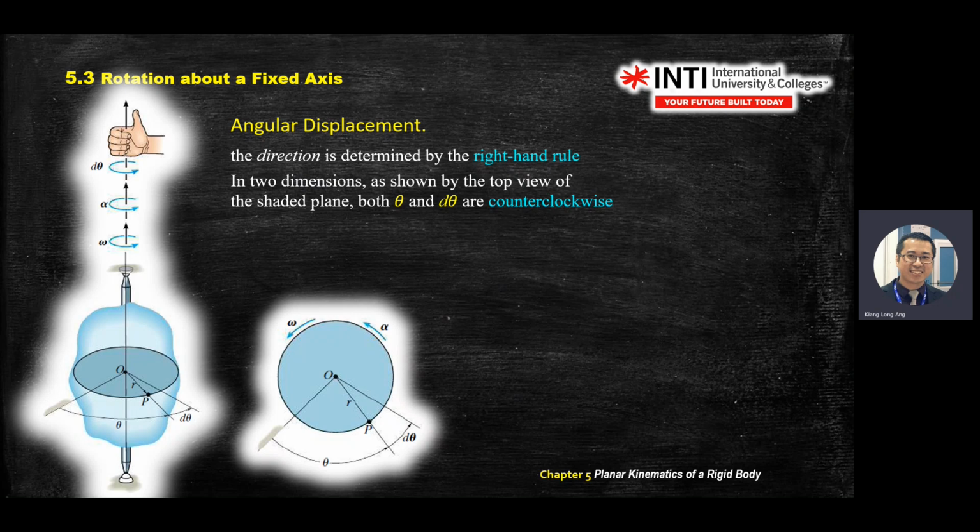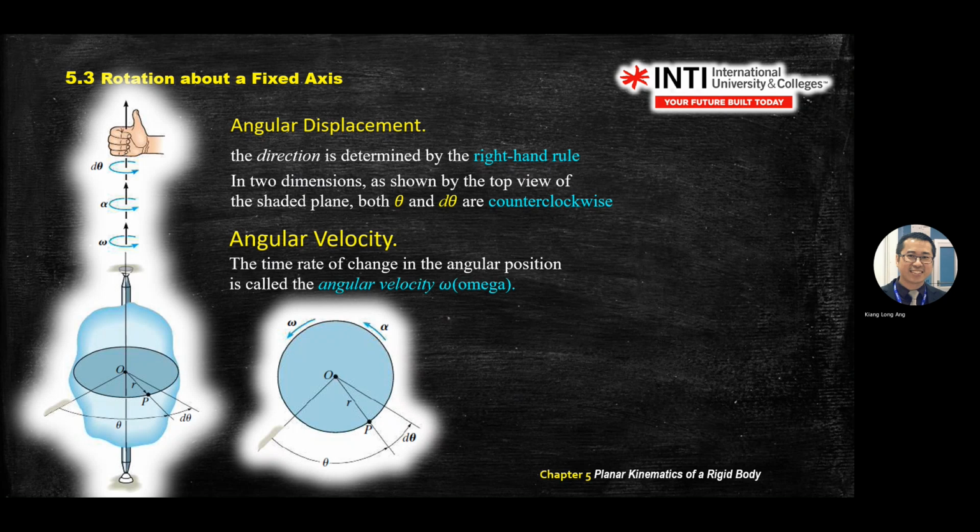So now, for rigid body, we introduce two new symbols, alpha and omega. Angular velocity, we call it omega.